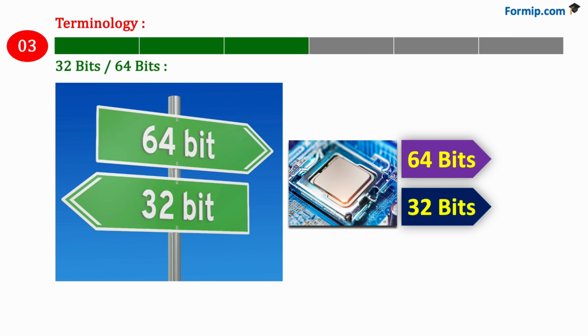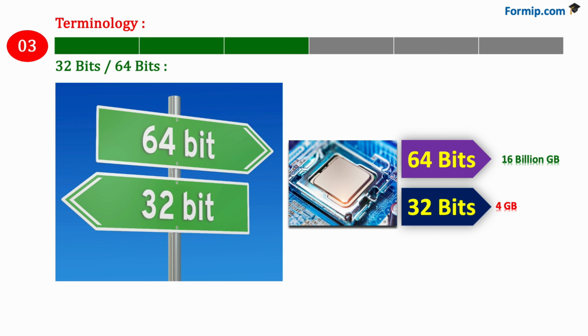This gives the equivalent of 4 gigabytes, whereas with 64 bits, it gives 2 exponent 64. That's more than 16 billion gigabytes. No need to go into details, but you should know that a 32-bit architecture can manage up to 4 gigabytes of RAM memory, while in 64-bit, well, there is no limit. Because in any case, you will never install 16 billion gigabytes in your PC.